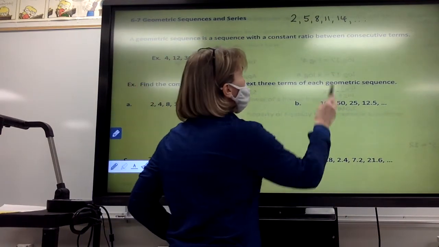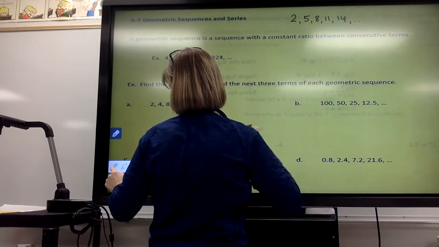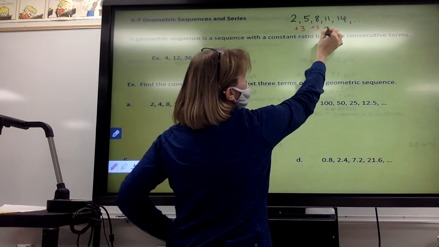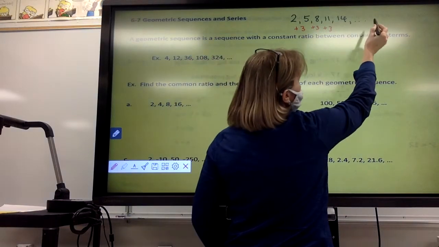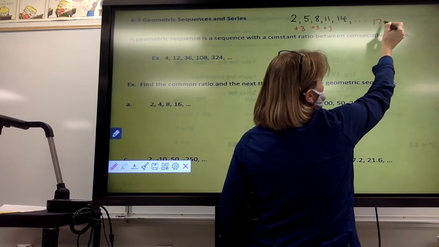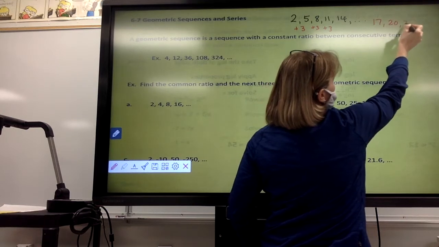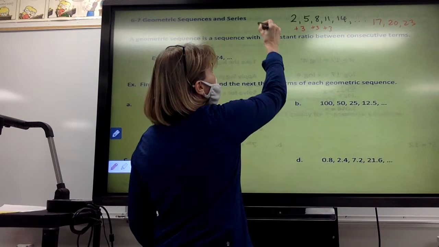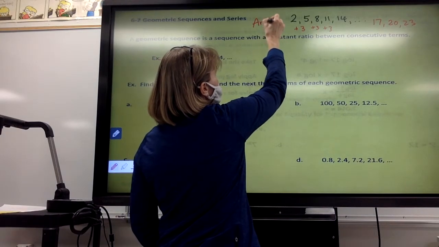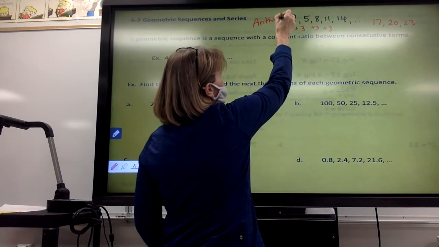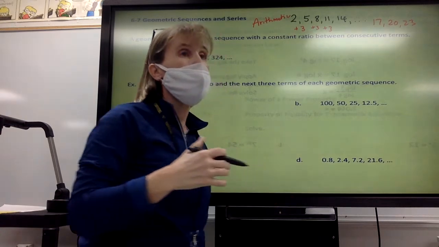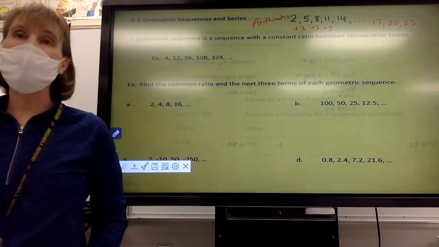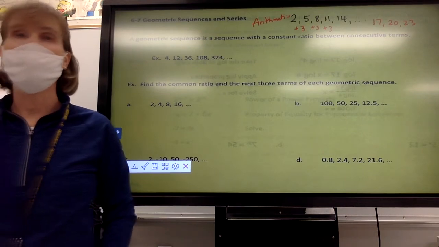You're adding 3 each time, so the next terms would be 17, 20, 23. That was called an arithmetic sequence, when you're either adding or subtracting the same value to get to the next number in the sequence.